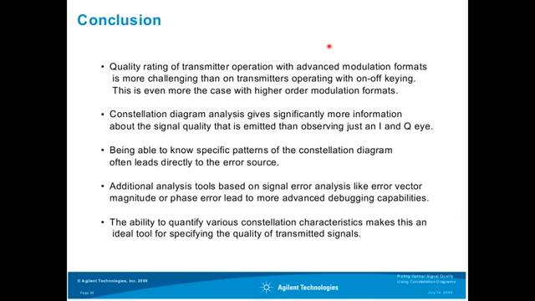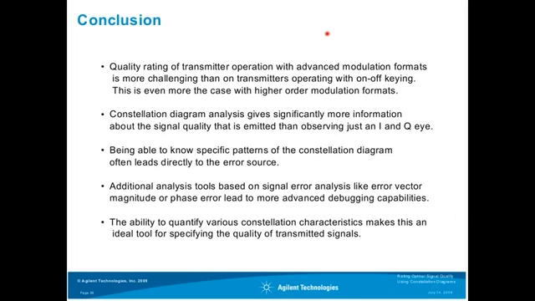The quality rating of a transmitter operating with advanced modulation formats is more challenging than on transmitters operating just with on-off keying. And you can imagine that this would be even more challenging if you would use higher order modulation formats like the 16 QAM as shown at the beginning of this webinar.